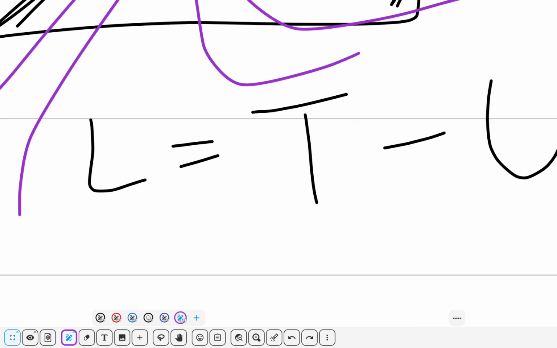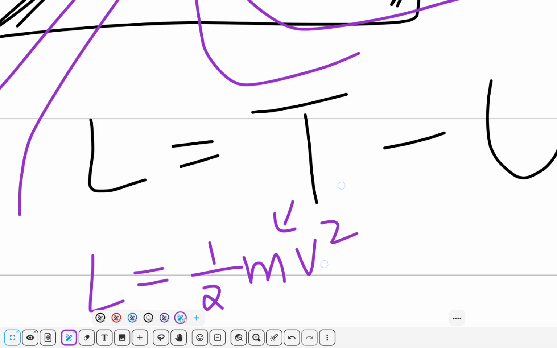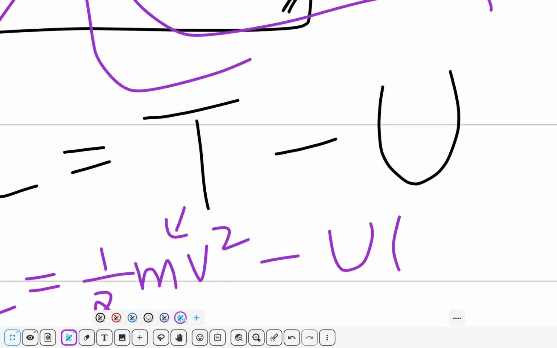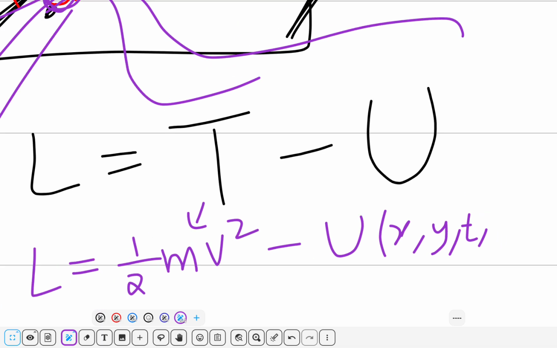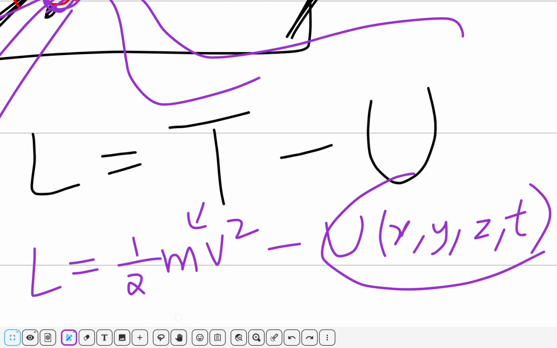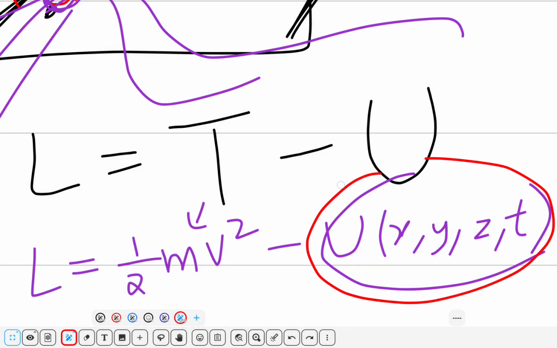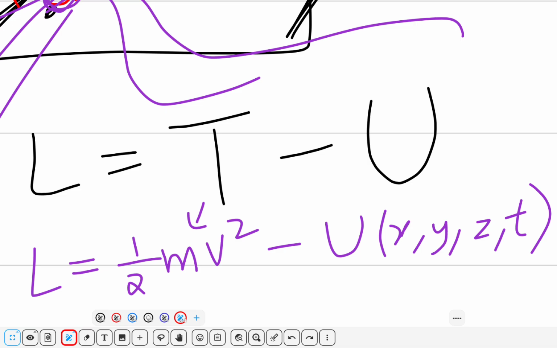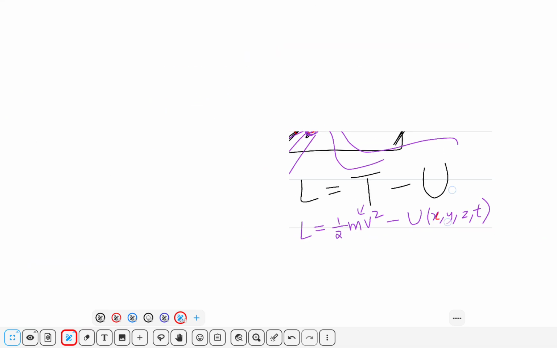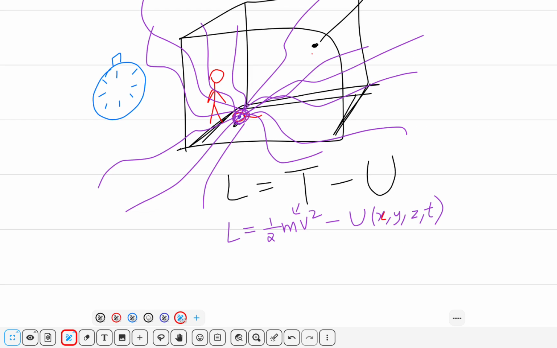So it will be something like half mv square, this will be kinetic energy, minus whatever the potential is everywhere, because you know everything about the box, so you know what the potential is everywhere. It will be something you have to find out, you have to experiment. This is not our thing, this is given, this should be calculated by doing it physically.